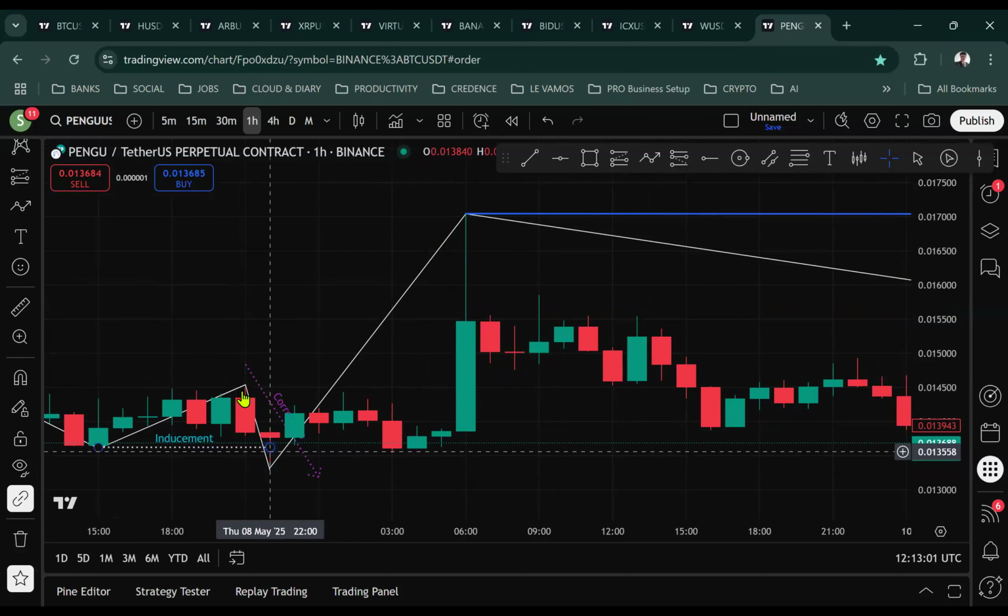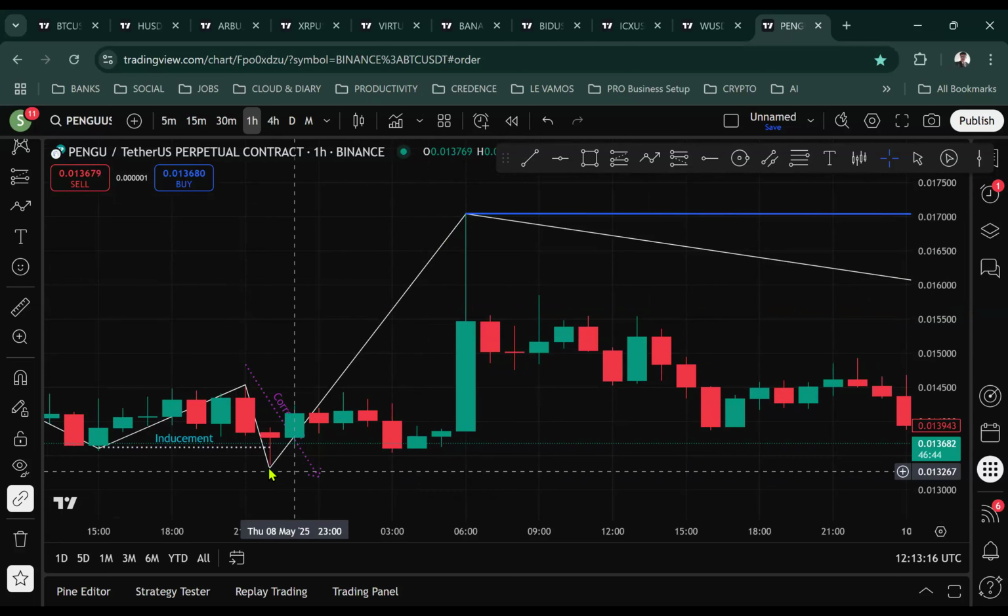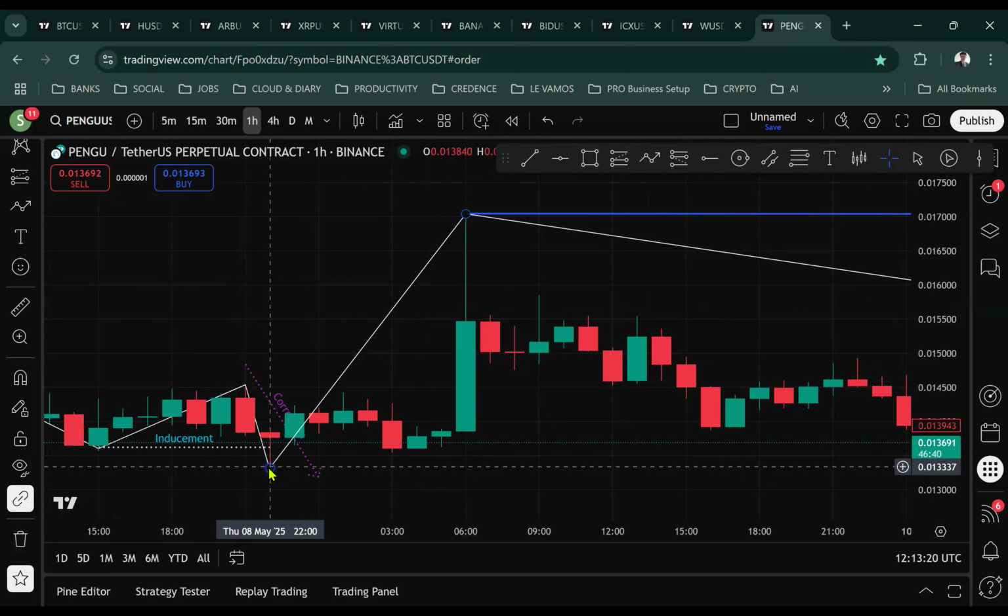So what I draw from here to here is correct, but the impulse starts from here. Am I right? Yes, the lowest point of the correction. This is the second correction, right?